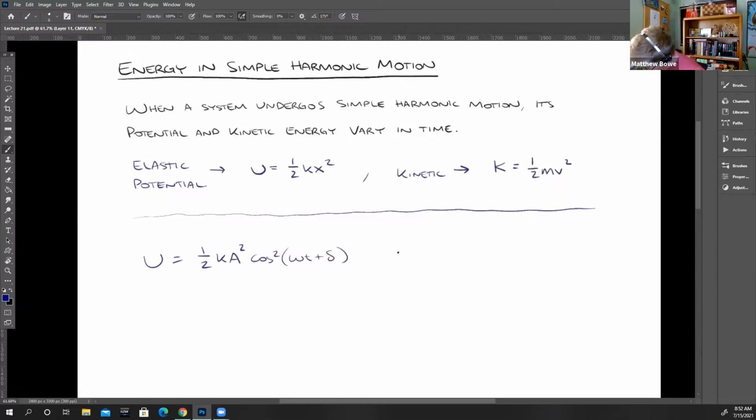This is the potential energy in simple harmonic motion. And we have the kinetic energy, which is also related to the spring constant of the spring.